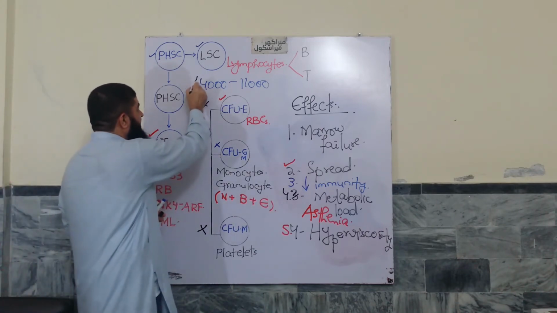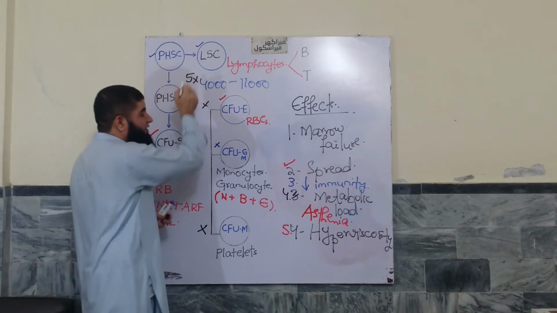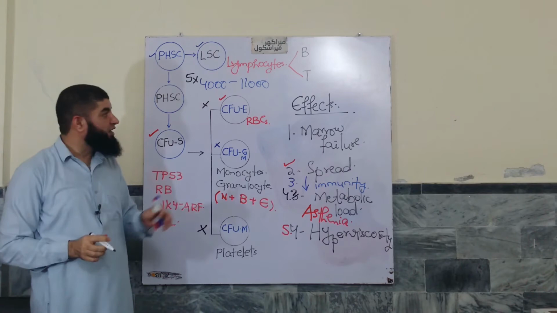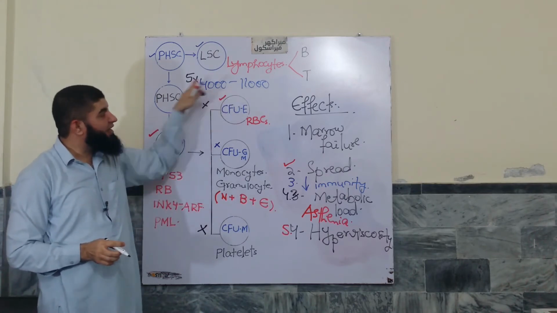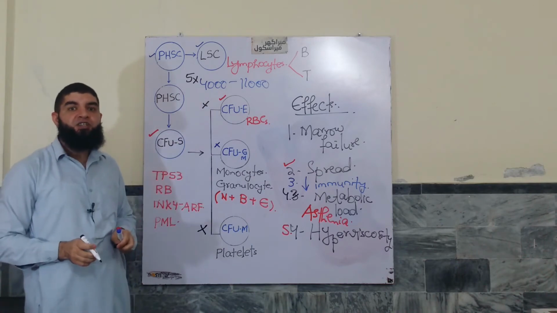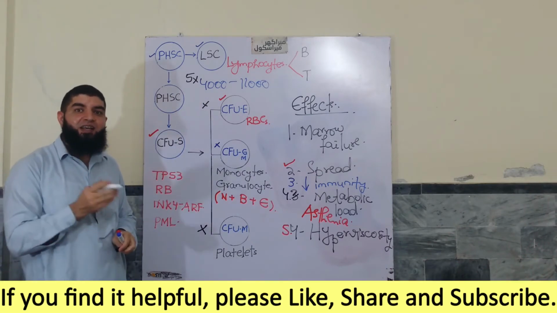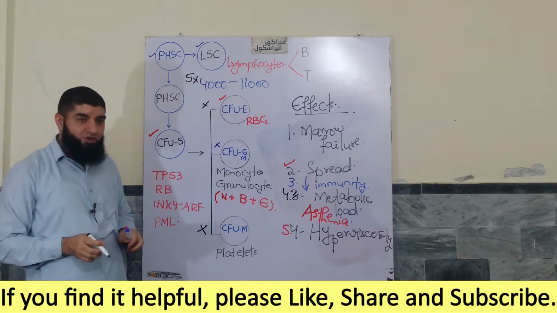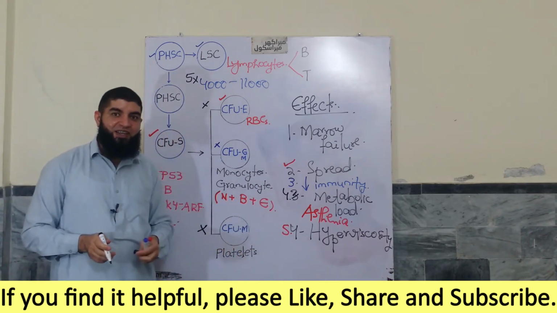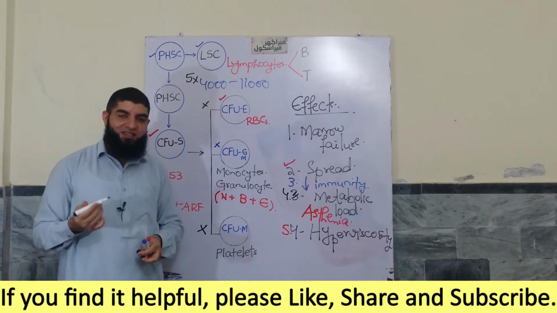For example, if they produce five times their normal capacity, we will get 11,000 multiplied by 5, 55,000 white blood cells per cubic millimeter of blood. That tendency to cause hyperviscosity is lower down the list, but it still is a significant feature.